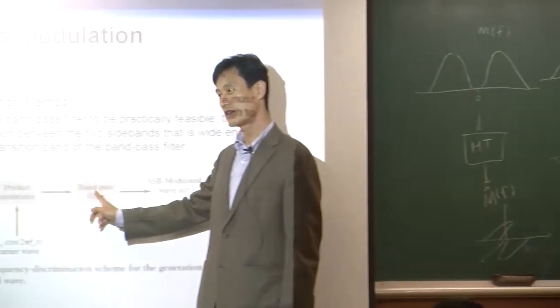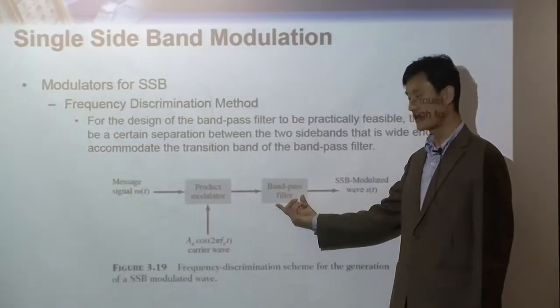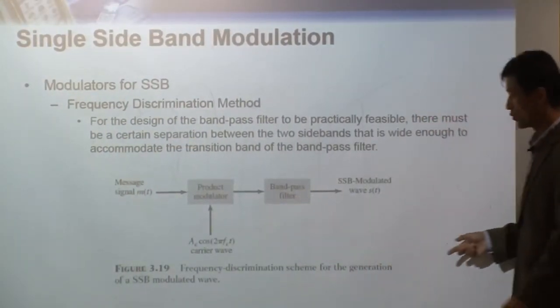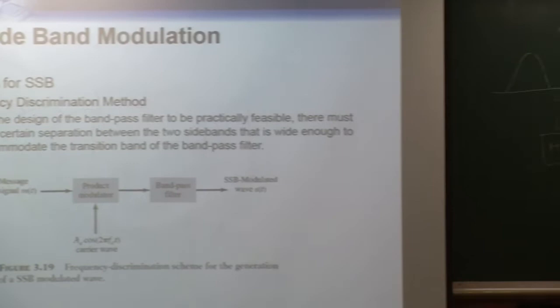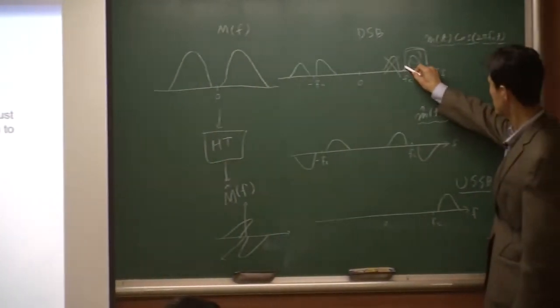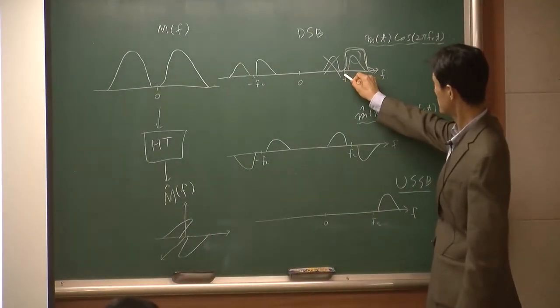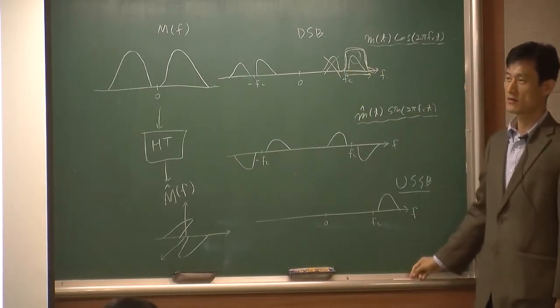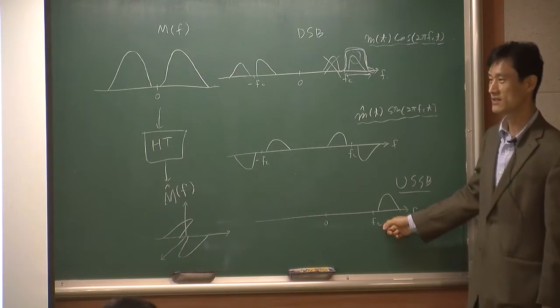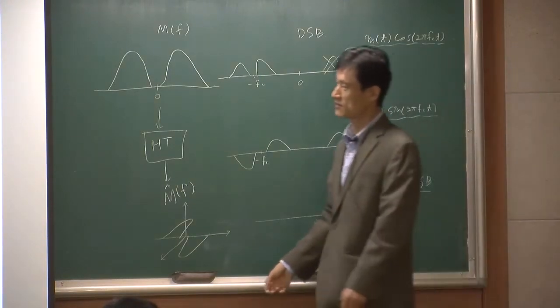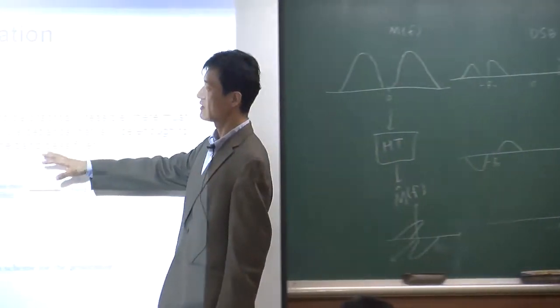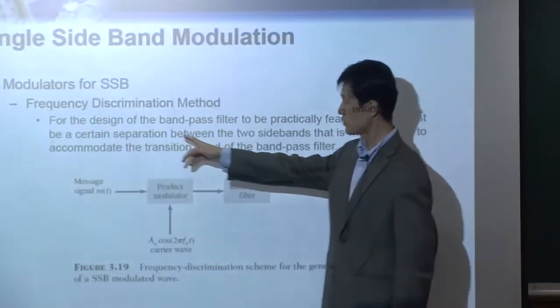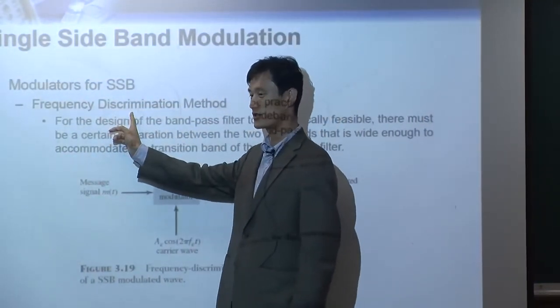And right after that, simply you can put the bandpass filter. And what kind of filter is that? That bandpass filter has a passband of this one, and the other frequencies you block. Once you do that, you can easily get this. So that's one way to do it. Frequency discrimination method. That's why we call this frequency discrimination.